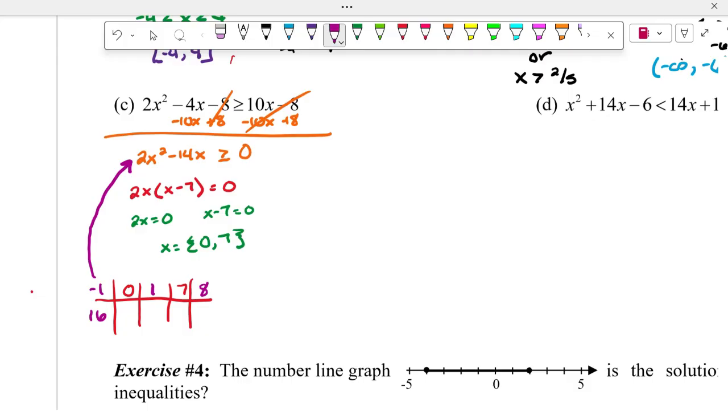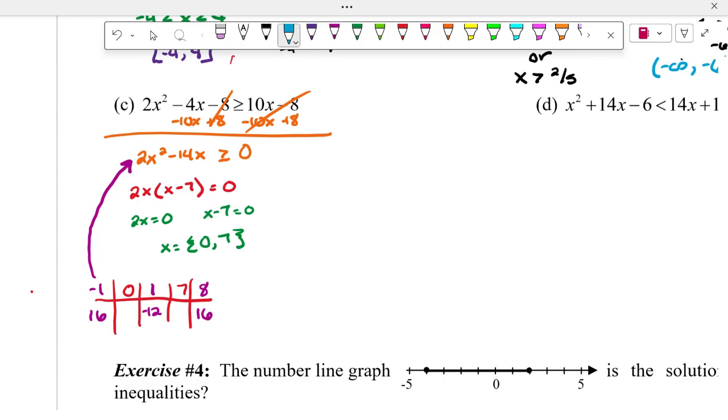If I plug 1 in, I have 2 minus 14, which is what? -12. If I plug 8 in, I have 64 times 2, which is 128, minus 14 times 8. That is 112. So 128 minus 112, which is? 16. It's 16.